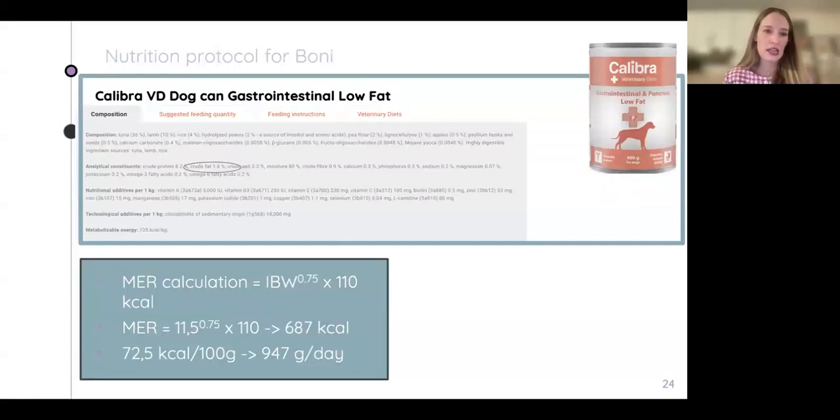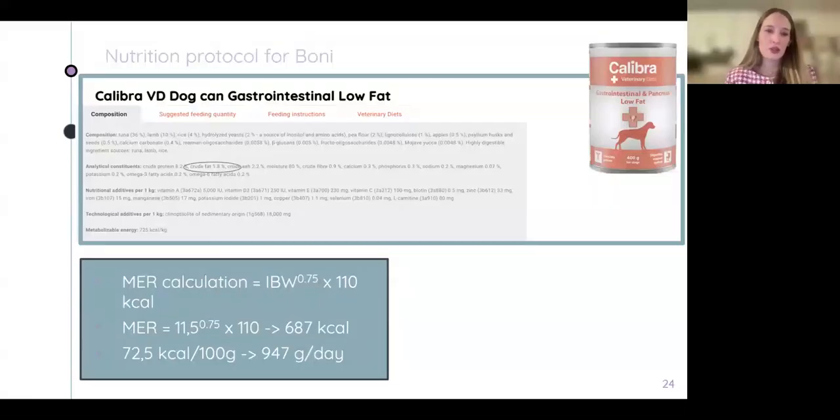So here I show you the formula for a dog that is averagely active, and the formula goes ideal body weight to the power of 0.75 times this factor that is normally used for an average activity adult dog.